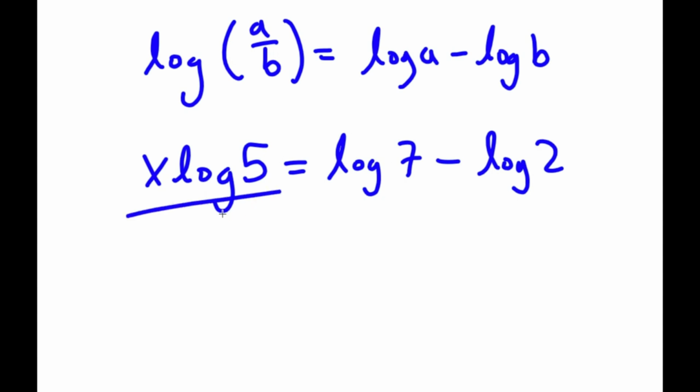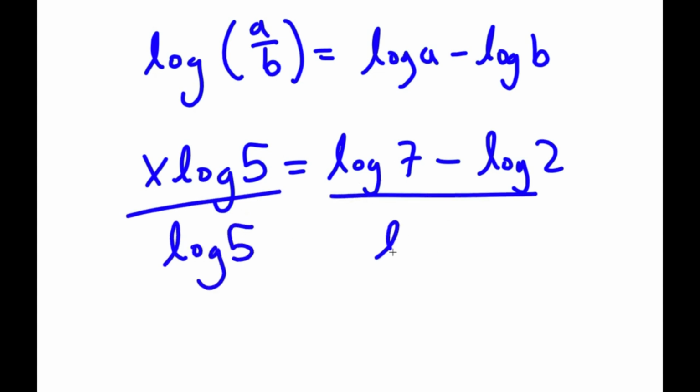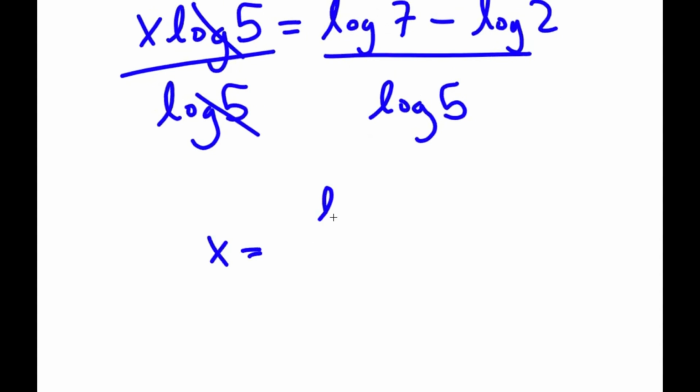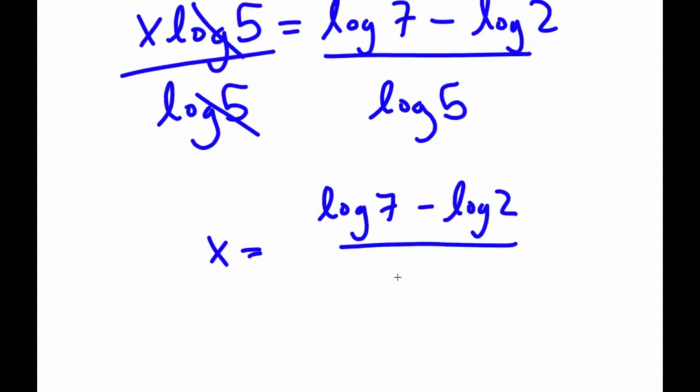Now, I'm going to divide both sides by log 5. So then these two cancel out, and I get x is equal to log 7 minus log 2 over log 5.